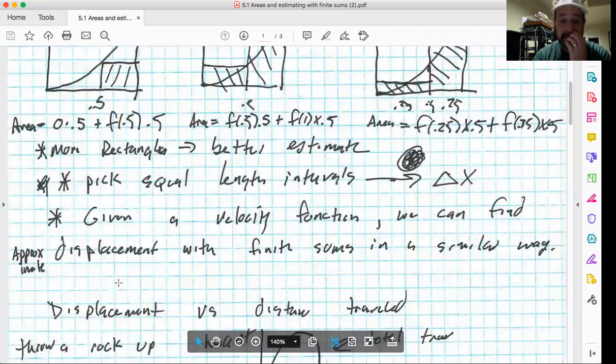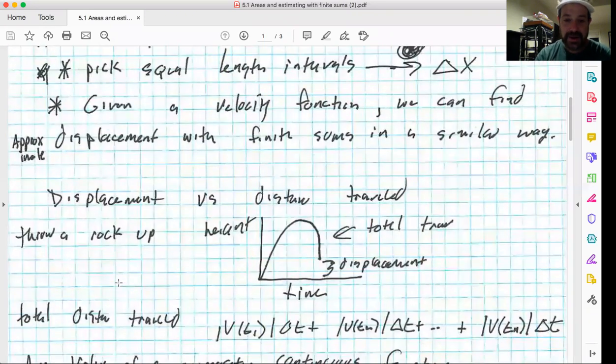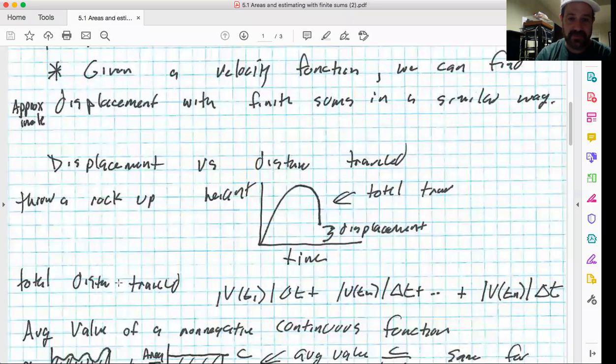Now, the next thing is, given a velocity function, we can find the approximate displacement with finite sums in a similar way. Now, we want to talk about displacement for 1 second versus distance traveled. If we throw a rock up, its height at any point in time is going to be the displacement, the distance from the place it was thrown to the height it is.